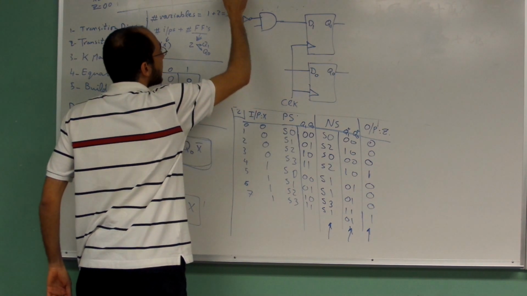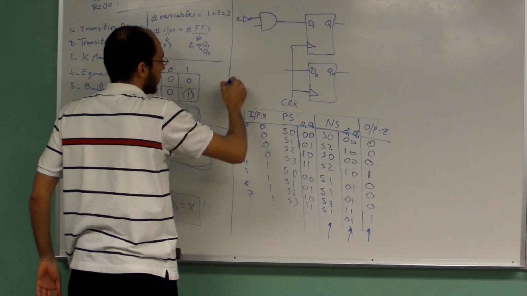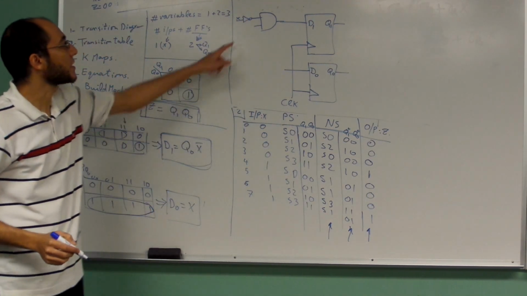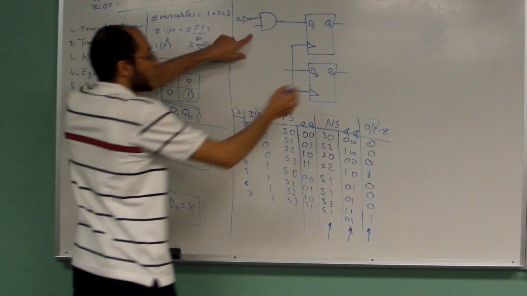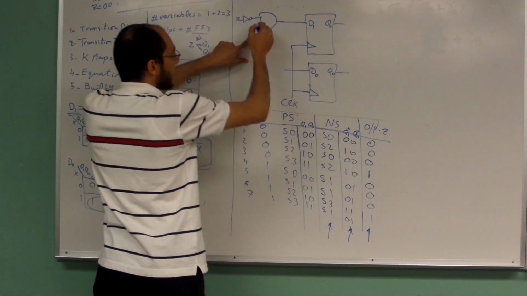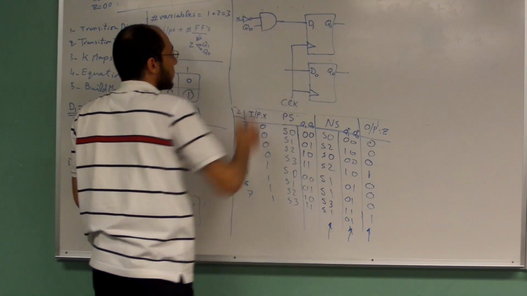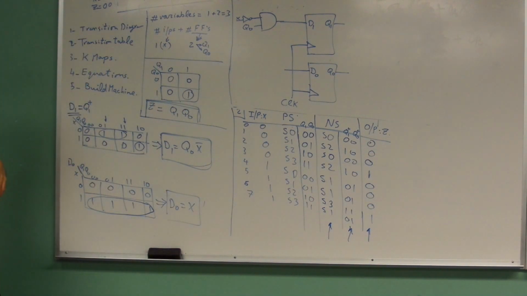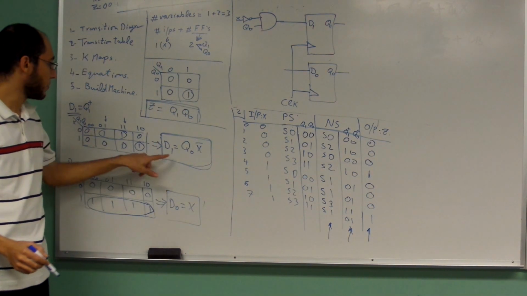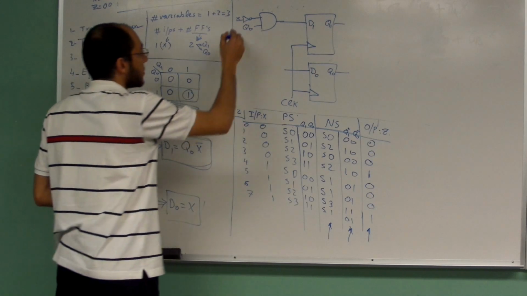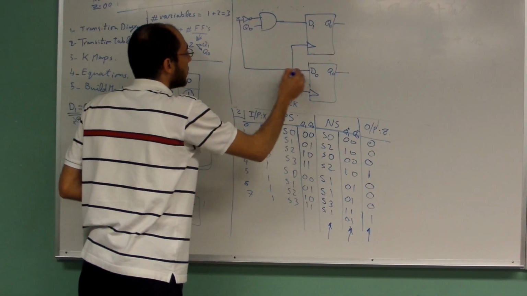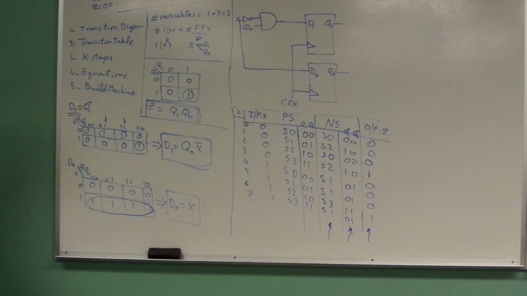That's an X, okay, so that's X bar. And then a Q0. And instead of doing that mess, I'm going to write down here Q0. Okay? And what about the D0? The D0 is fed with X.